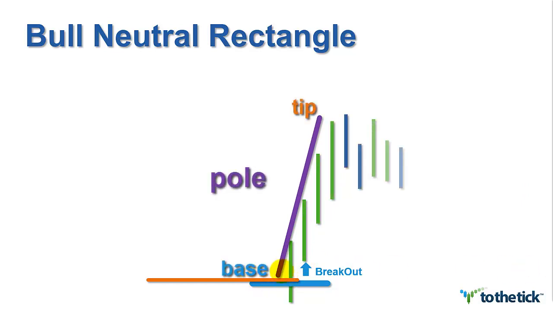Notice that you have a base, you have the pole which is tilted or inclined towards price, and you have the pole tip which is established by the swing high in price. Now the higher and stronger and more aggressive that pole creation, the action that creates it both in volume and in price, the better.